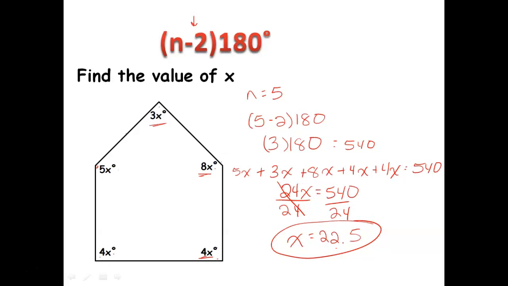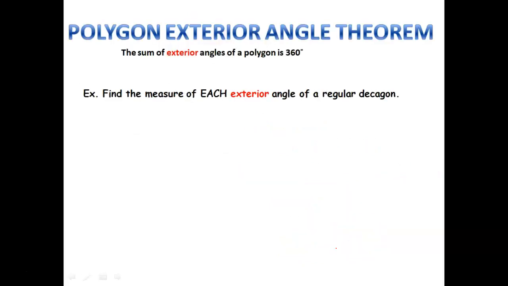All right, next we're going to talk about the polygon exterior angle theorem. Of course, exterior means the outside, and the sum of the exterior angles of any polygon is going to equal 360 degrees, okay? So if I want you to find the measure of each exterior angle of a regular decagon, regular means all sides and angles are congruent. All angles are congruent, all sides are congruent.